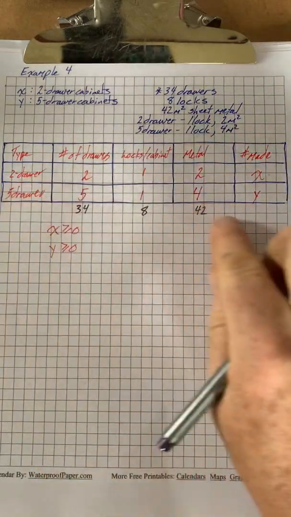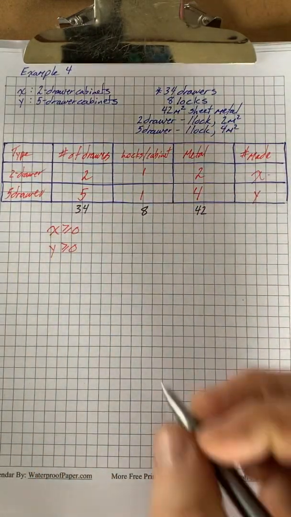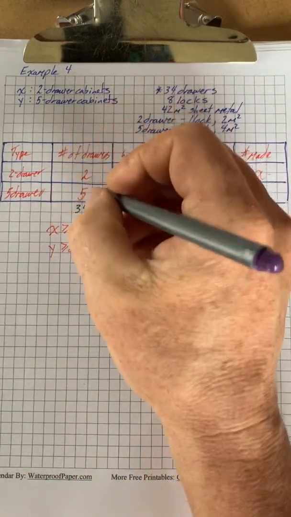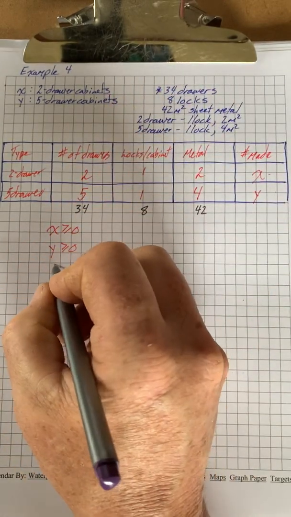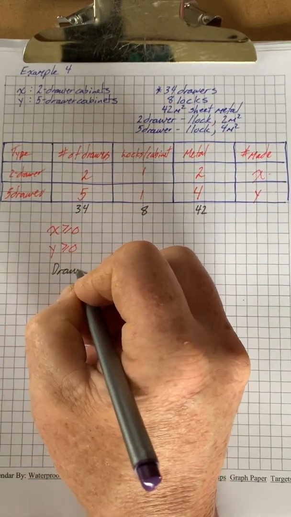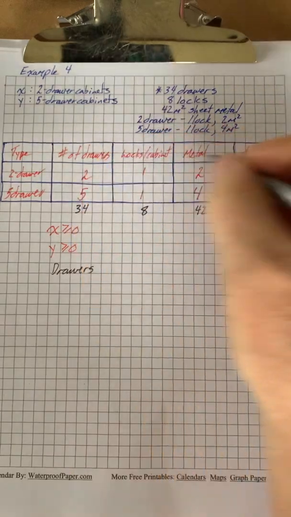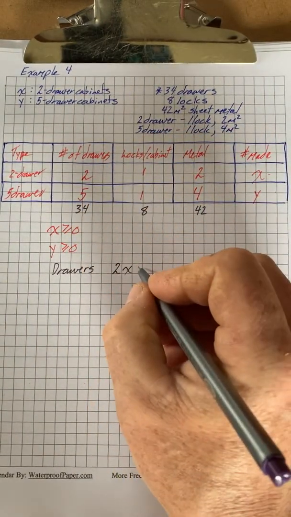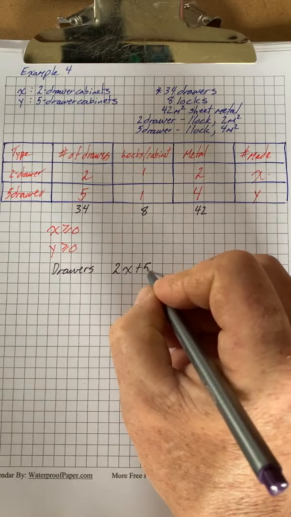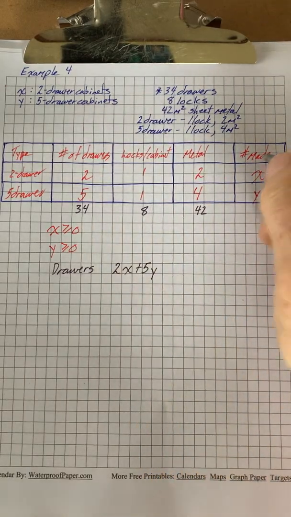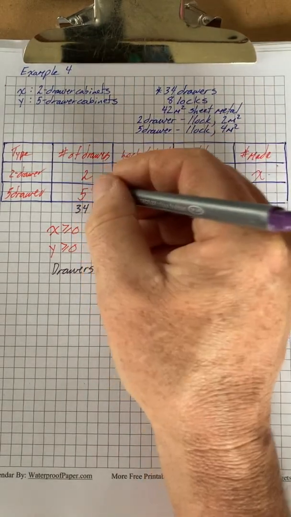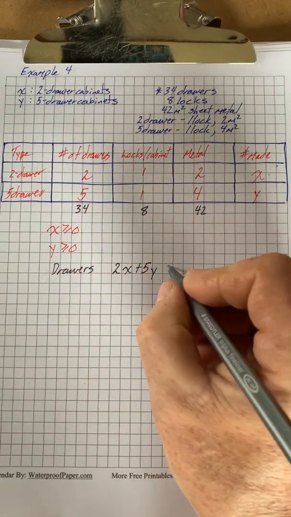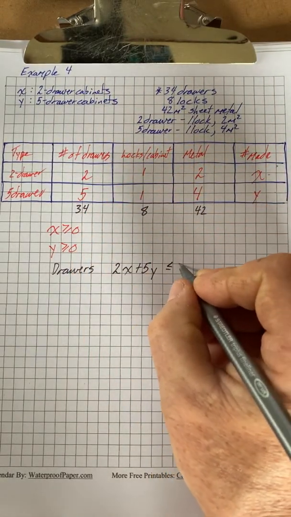We can't exceed those amounts, so everything has to be less than. So our first equation, drawers, 2x plus 5y has to be less than or equal to 34.